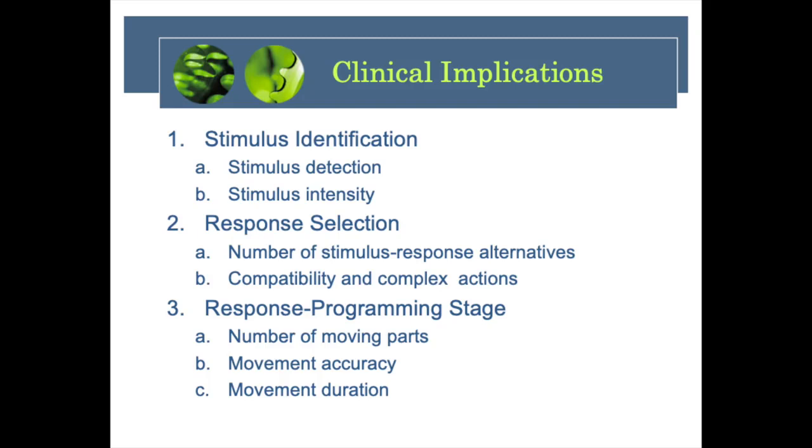And so experience is going to allow us to recognize patterns in our environment more quickly. And in addition, the intensity may not have to be so strong for us.